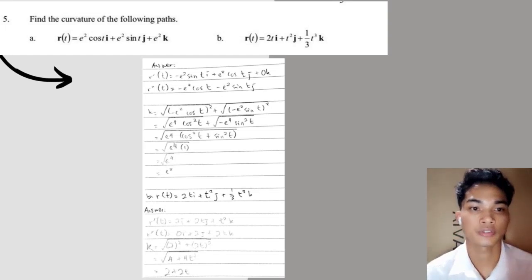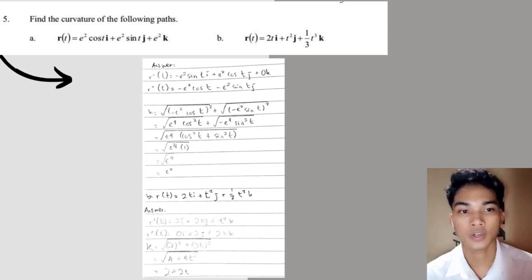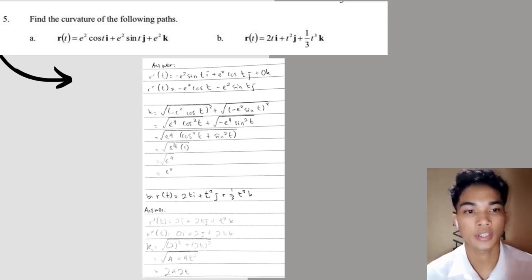plus (e^(t²) sin t) to the power of 2. After the calculation, we will get square root of e to the power of 4 cos² t plus e to the power of 4 sin² t. Then when we calculate it, we will get square root of e^4 in parentheses cos² t plus sin² t.